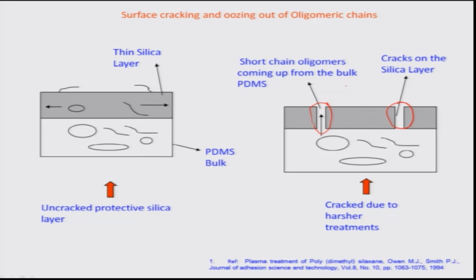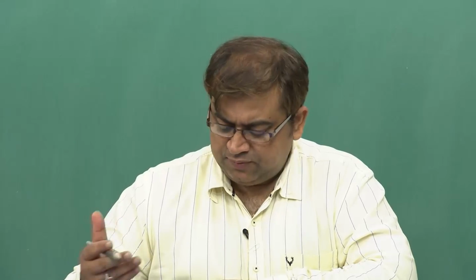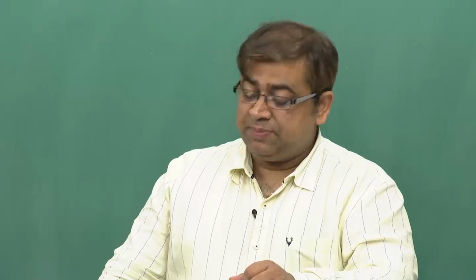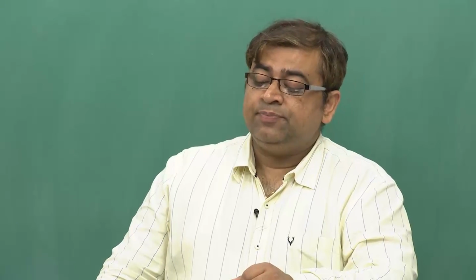Therefore, what we have typically observed is that the cracks are responsible for shooting up the long chain and the short chain oligomers which are there in the bulk of the material, and after a while you see that the contact angle relaxes back to normal, and it becomes more hydrophobic with time as you leave it alone after a plasma exposure. So these kind of studies have been done in lieu of what was represented in the last two slides.